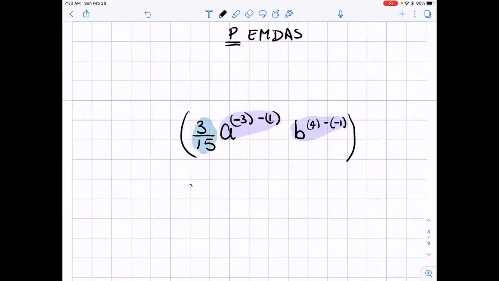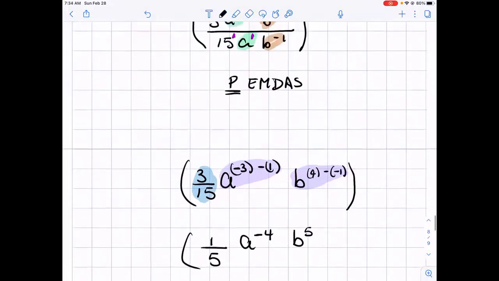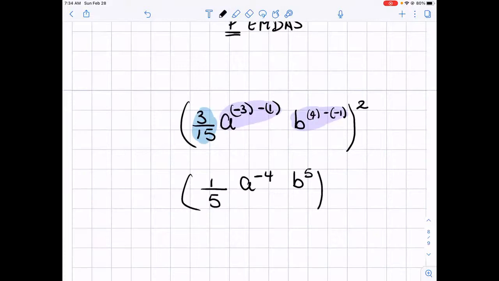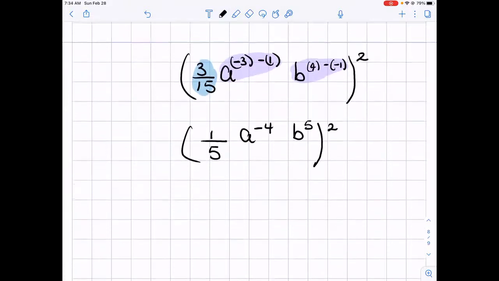I can simplify this, so this becomes 1 over 5. A to the minus fourth, b to the fifth power. Don't forget we had a power on the outside of a 2, so I rewrite that power on the outside as a 2.